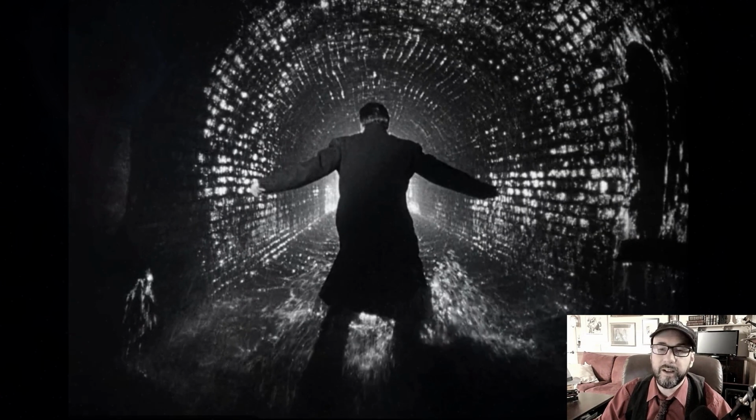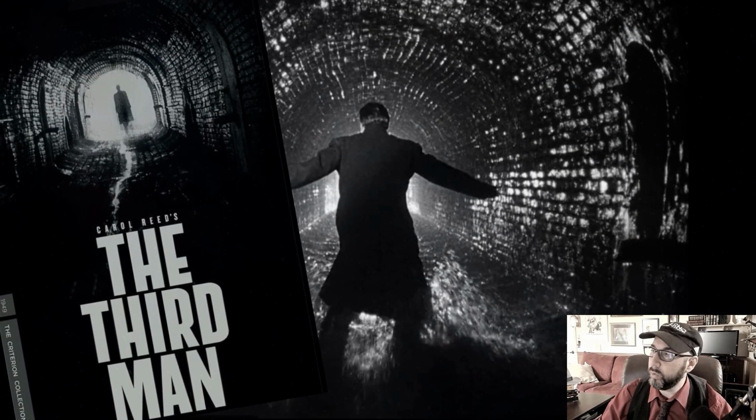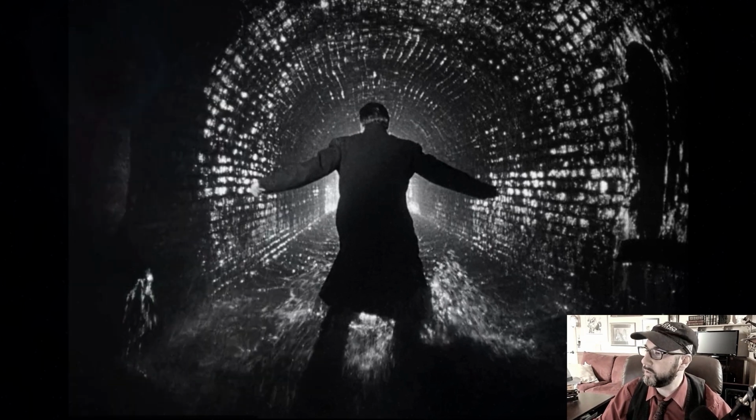Going back to black and white again, here's a shot from The Third Man starring Orson Welles. Third Man came out in 1949 and was directed by Carol Reed and has a fantastic soundtrack that everybody seems to love as well, starring Joseph Cotten and Orson Welles. And at the end of the movie, I don't want to give anything away, but Orson Welles is running around the sewers of Vienna, and the lighting is very symbolic.